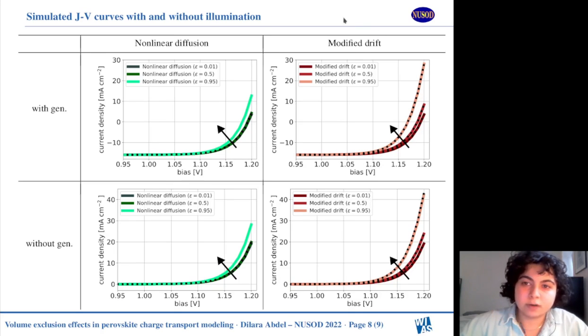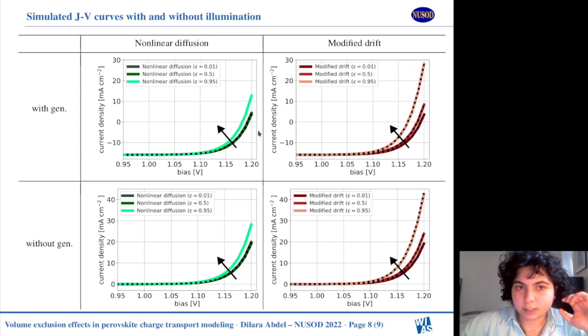Also, for the modified drift case, we see that a change in the JV is observed for a smaller choice of epsilon. For this, compare here these two curves where we see a difference, but both curves with the same choice of epsilon overlap for the nonlinear diffusion case.